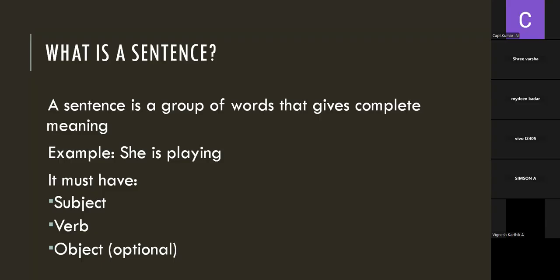A sentence gives complete meaning, right? So a sentence must have a subject and verb. This is mandatory. Sometimes it also includes an object. For example, "birds fly" is a complete sentence. The proper structure and meaning will be given, is it so, right?